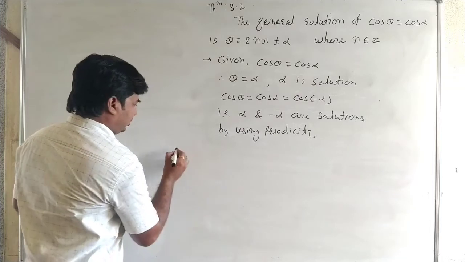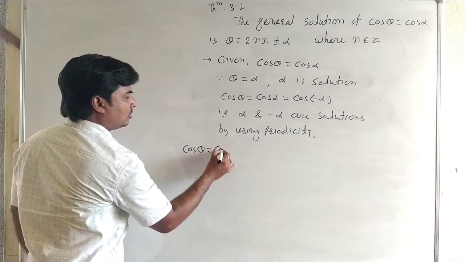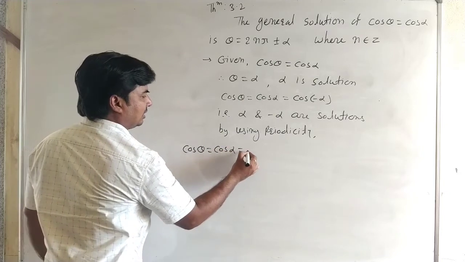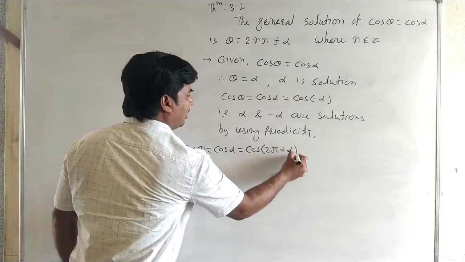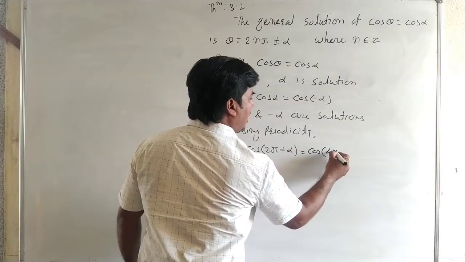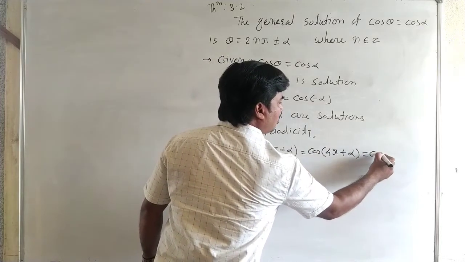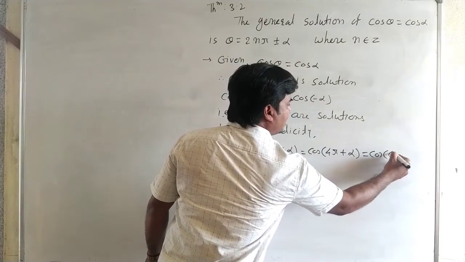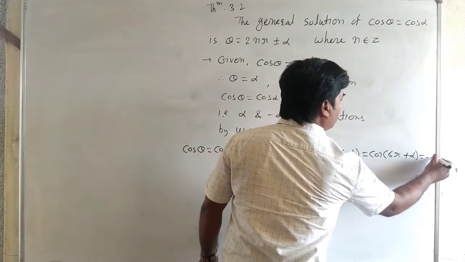By using periodicity, cos theta is equal to cos alpha, and then cos 2 pi plus alpha is equal to cos 4 pi plus alpha is equal to cos 6 pi plus alpha, and so on.